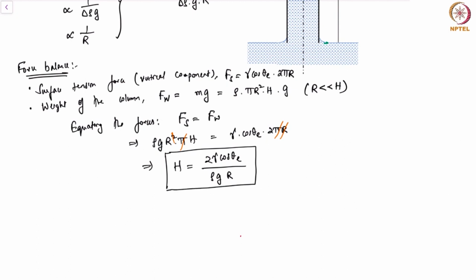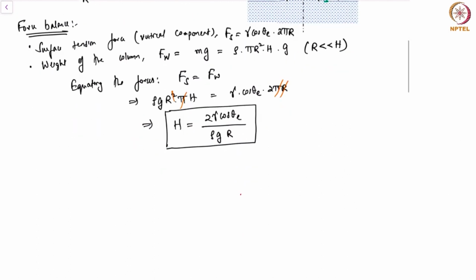Now, you can clearly see that h goes inversely proportional to r. So, if you have very, very tiny capillary tubes, then if I take the liquid to be water and r to be about 100 microns, that's 0.1 mm, which is the typical size that you will see in several plants, then the height to which the fluid would rise would be around 15 centimeters.